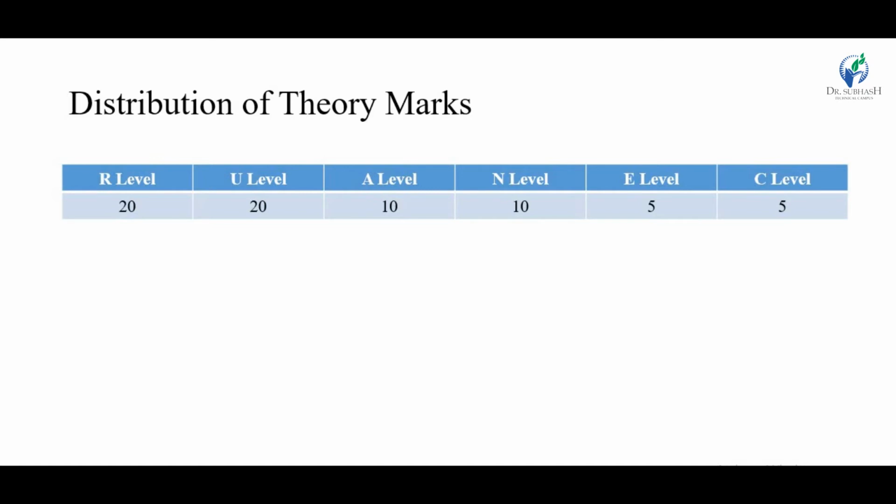Note that the actual distribution of marks in the question paper may vary slightly from this table. So it is not compulsory that each and every theory portion will be strictly distributed according to this level, but almost nearly about to this revised Bloom's taxonomy level.